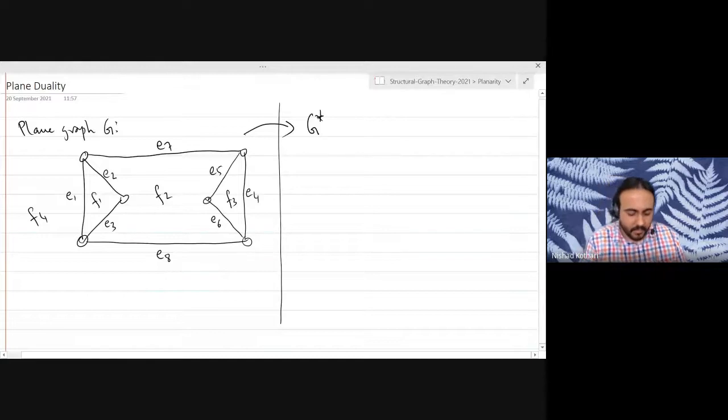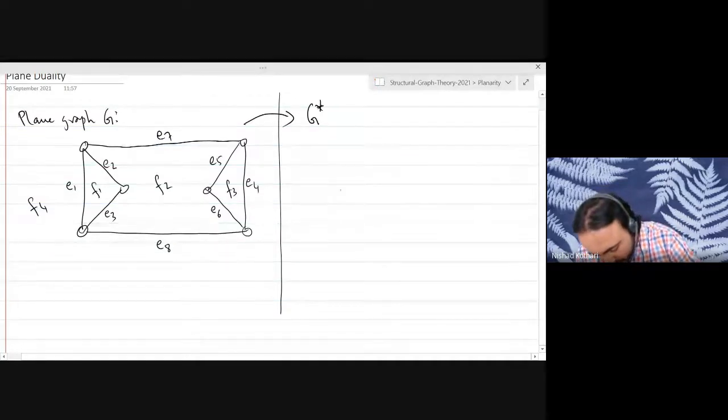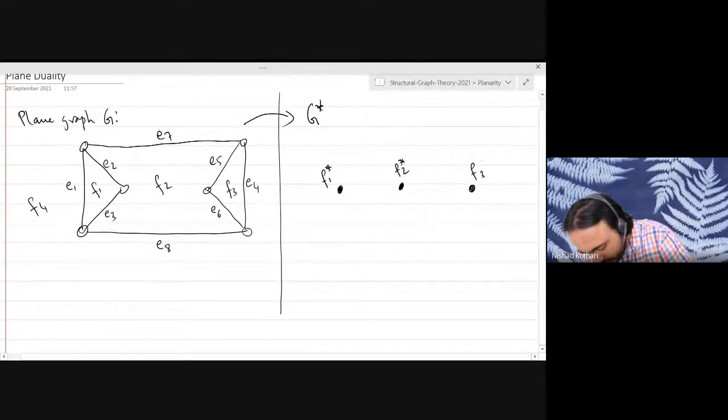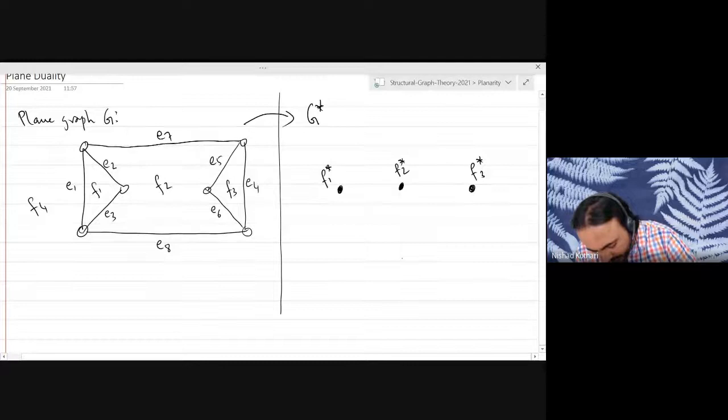We will make one vertex corresponding to each face of the original graph. So we will put a vertex here, F1 star, F2 star, F3 star, and we will put a vertex for the last face, F4 star.